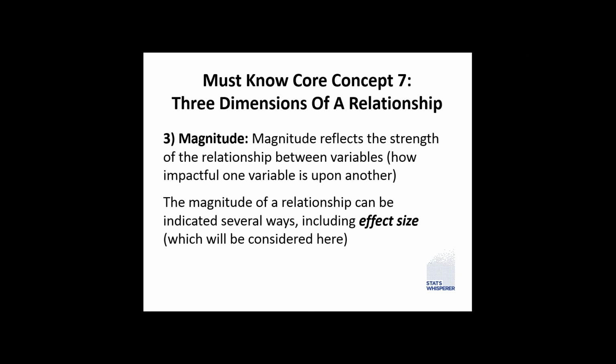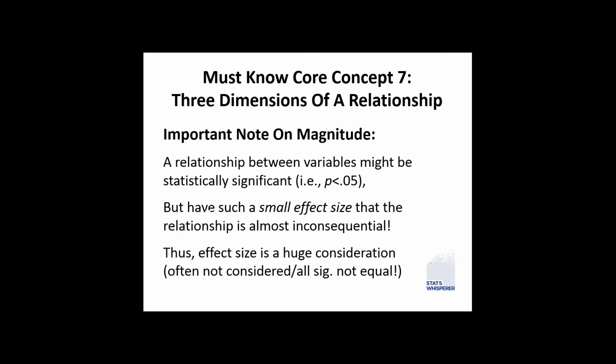That leaves out a big part of the story, as we will see. The magnitude reflects the strength of the relationship between variables, and that is as exciting as it sounds. So how impactful is one variable upon the other? The magnitude of a relationship can be indicated in several ways, such as the effect size, a very popular one, which we will use right here.